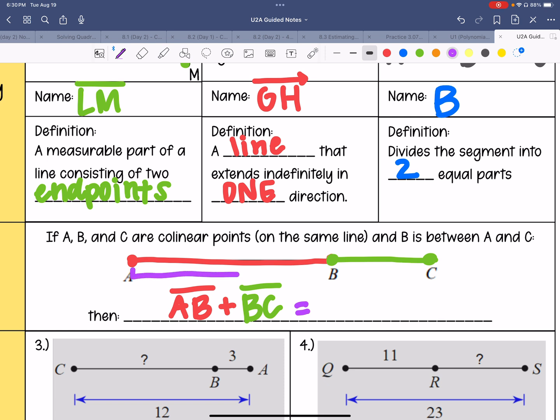So notice now I have covered the entire segment. So that is going to give us my whole segment length.